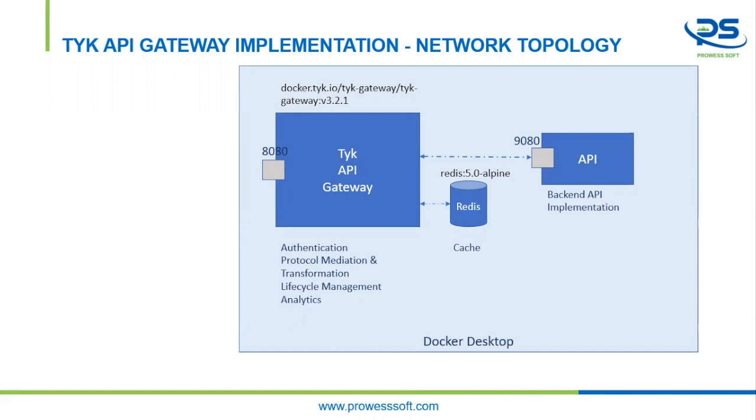It is a very simple Docker compose file with just two images there and a network definition, and then you have port mappings. That's all you have there. And if you have a Docker desktop, it's as easy as just saying docker compose up, and it will bring up both the gateway and the Redis cache that is needed for it to function.